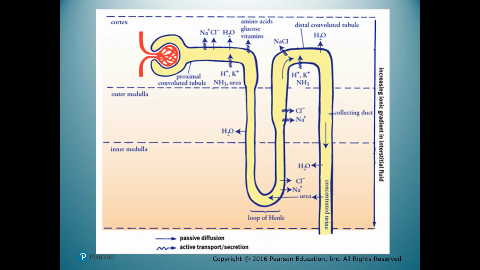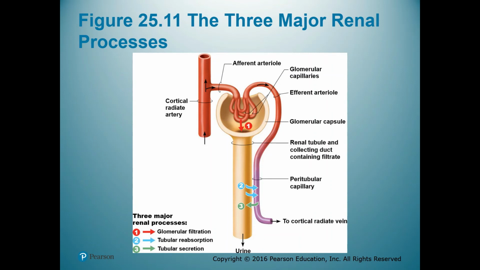Just a good zoomed in view. I'm going to let you take a moment here. Know these anatomical structures. This is Bowman's capsule, where filtration begins. Remember, filtration begins here, and then the capillaries flow around the rest of the nephron: the proximal convoluted tubules, the loop of Henle, and then the distal convoluted tubules.